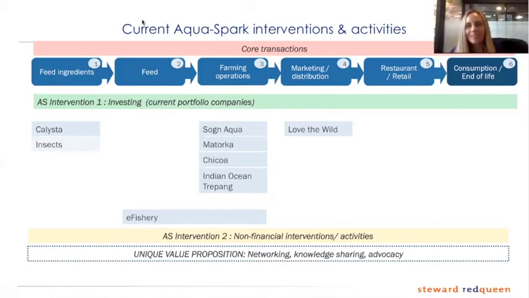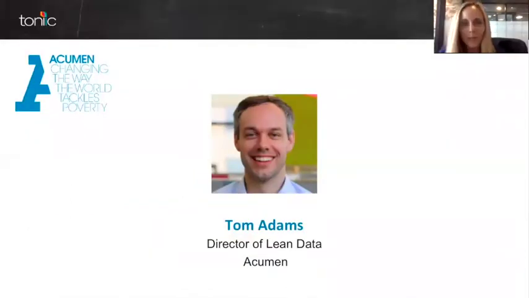Thank you, guys. Our next speaker is going to be Tom Adams. Tom is the last speaker before we start diving into the tools, although some of what he'll be talking about, I think, is also a tool. So Tom is the director of lean data for Acumen. He leads Acumen's work to understand the how and why of both creating and improving social performance through patient capital investing.